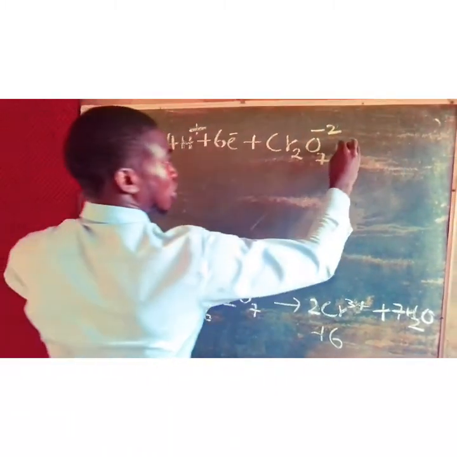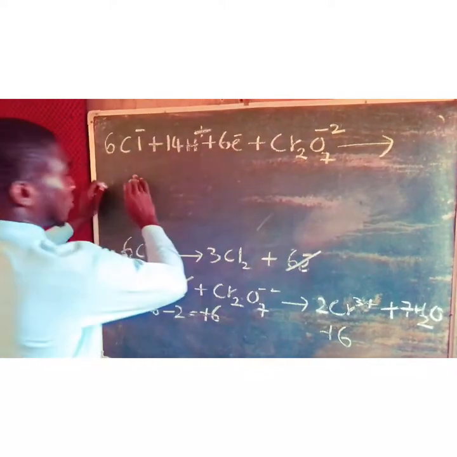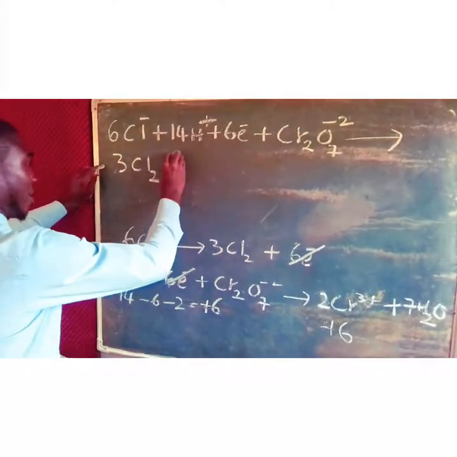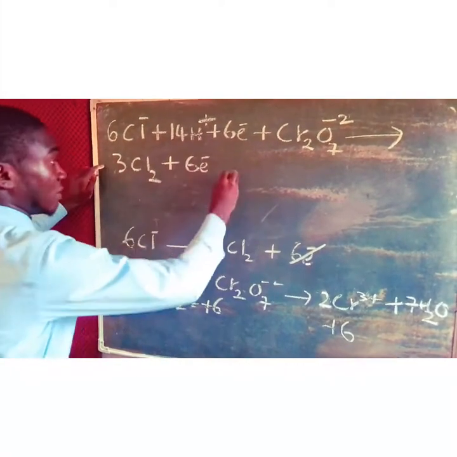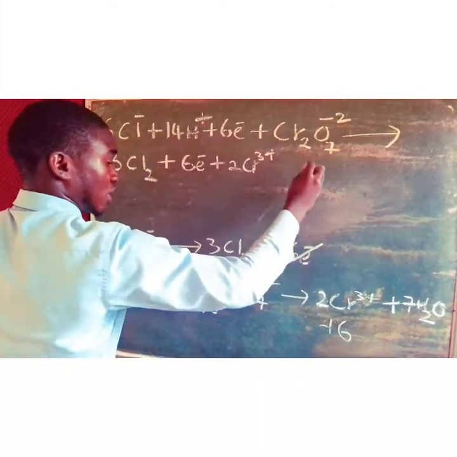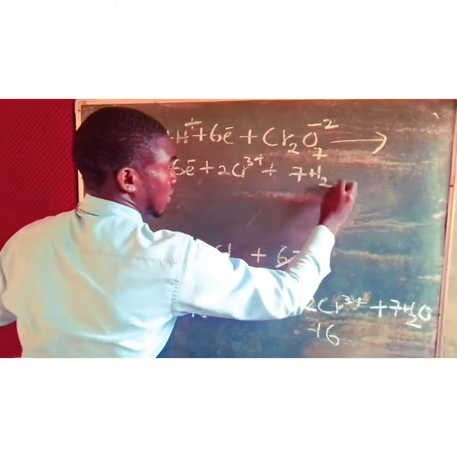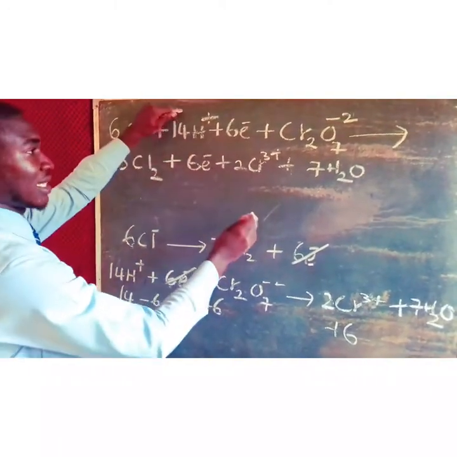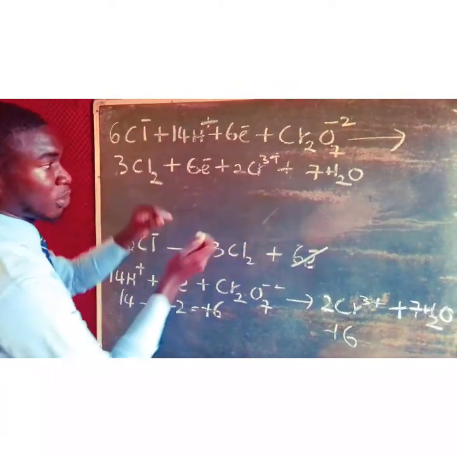So over to the product. Let's continue from here. Plus 6, then plus 2. Alright, so this is what we have on the reactant side and on the product side.